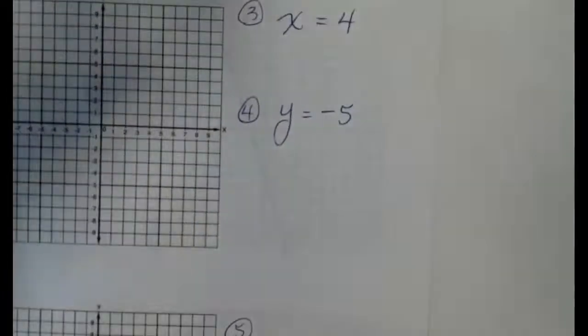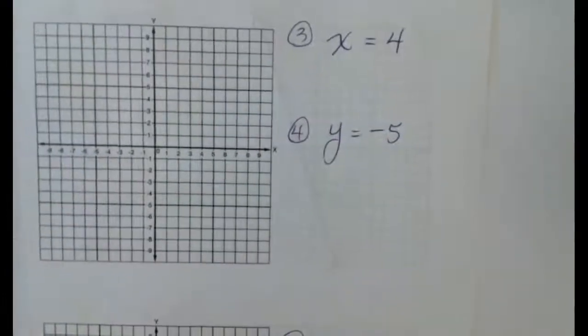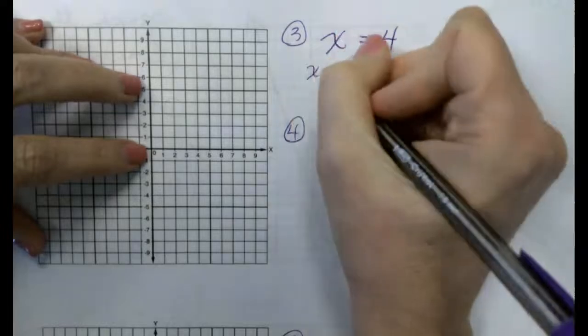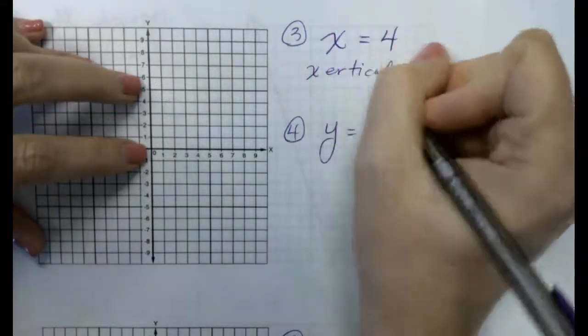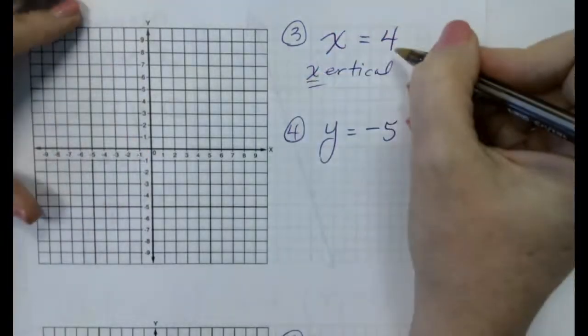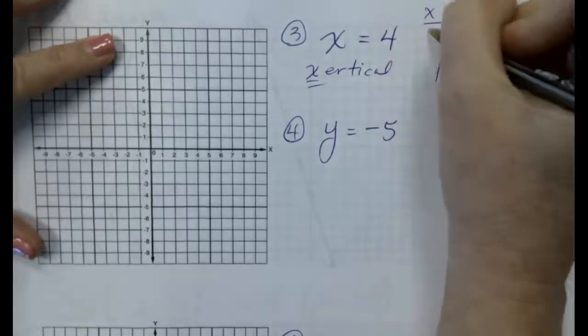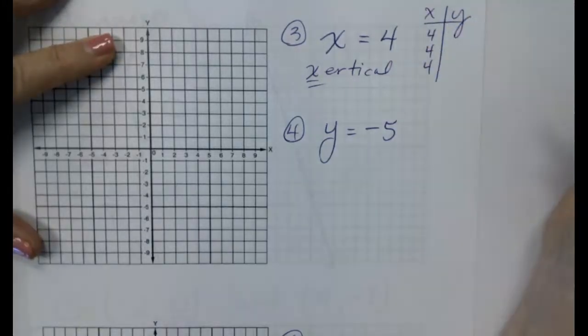Next, number 3. 3 and 4, we're going to fit them both on the same plane. We talked about these in class. If we have x equals 4, think of this as a vertical line. If you think about it in terms of an XY chart, x must be 4 every single time.